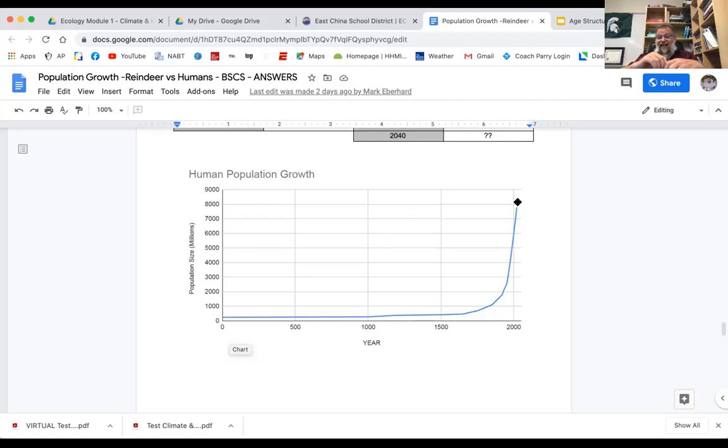It took us till 1825 approximately to reach 1 billion people. Within the next couple of years, we're going to hit 8 billion. We will have doubled our population 3 times in just over a century. We've never seen growth like this.